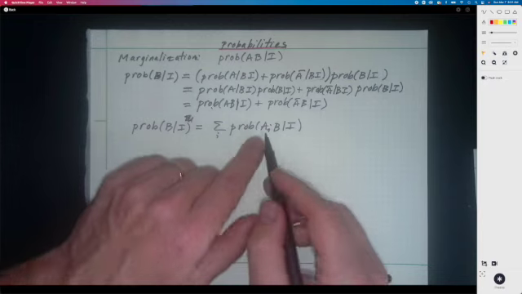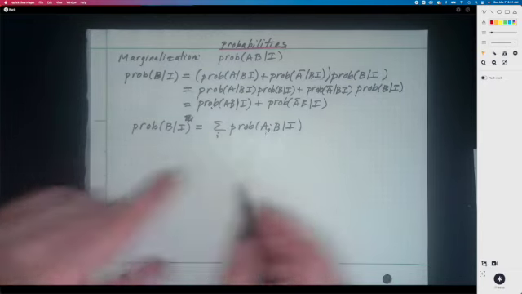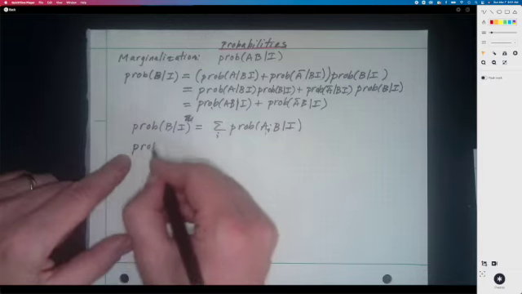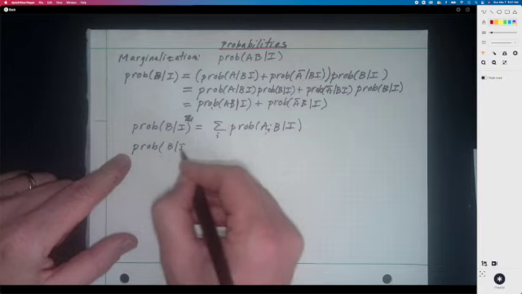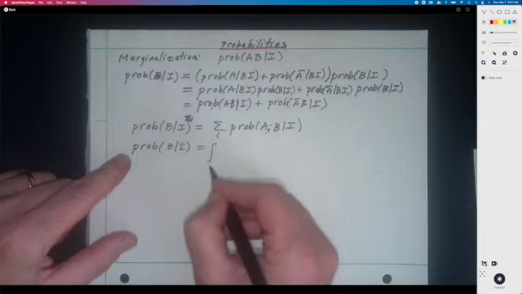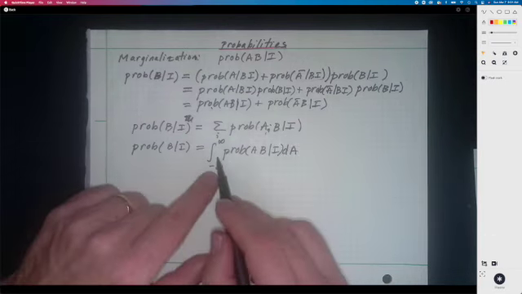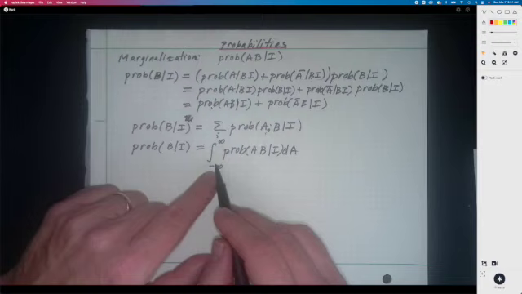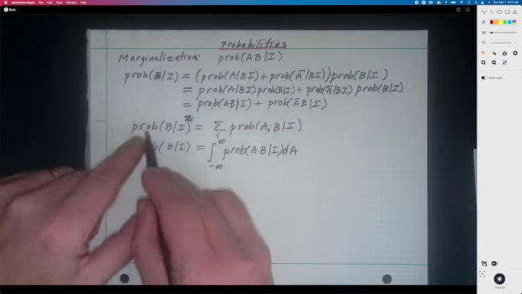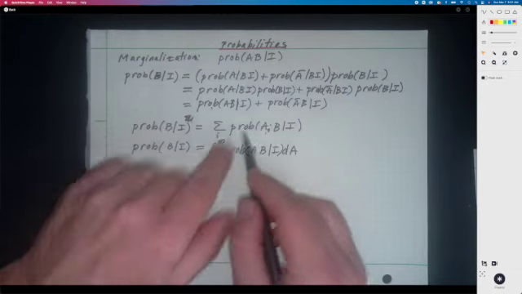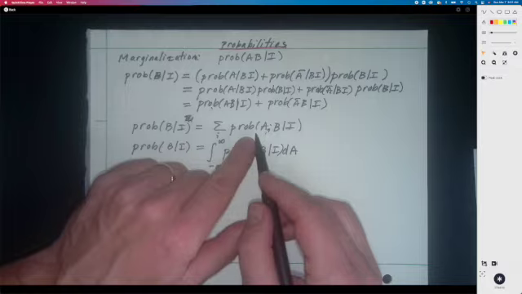And if A was a continuous variable, then we can write it this way. The probability of B conditioned on I is the integral. Here I have to clarify a point that usually confuses students: in the discrete case, these quantities are all probabilities, so they're dimensionless, just numbers between 0 and 1.